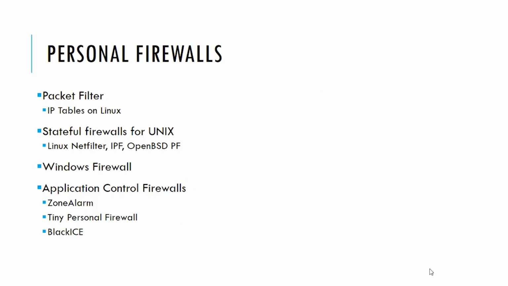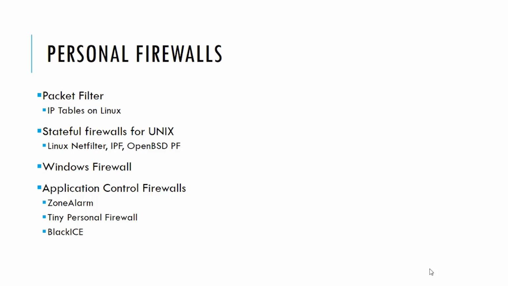We have also the personal firewalls, the firewalls that are not separating two networks but are set on your machine, such as a Windows or Unix machine, to protect your machine from the traffic arriving to it from the network. The personal firewall can be just packet filtering like the iptables commands on Linux, and can be stateful firewalls on Unix like Linux netfilter, IPF and OpenBSD PF.